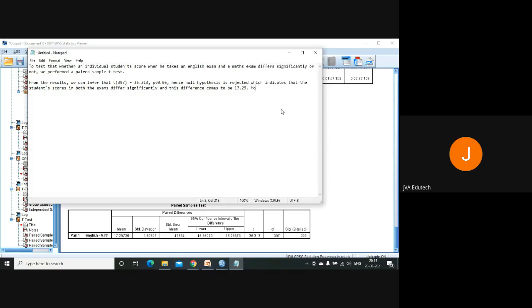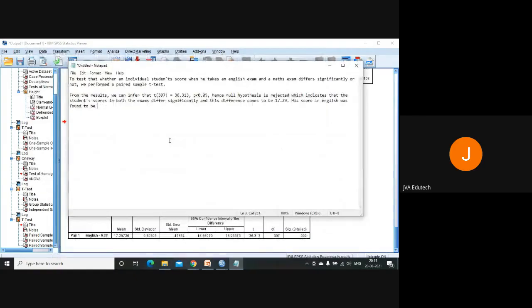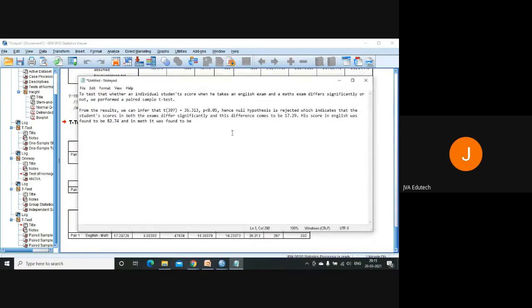Take this table. The mean score in English was found to be 82.74, and in math it was found to be 65.44.